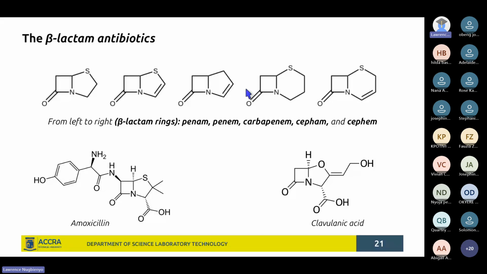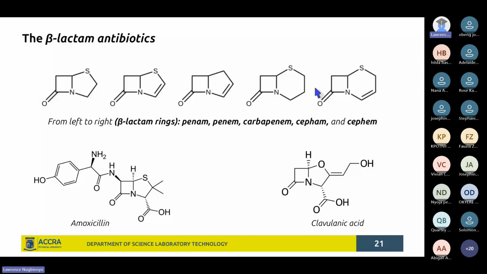Of course, these rings are not exhaustive. There are many more different ones. But once you see this, the next time you see a different one, you'll be able to quickly classify that particular antibiotic as a beta-lactam antibiotic.